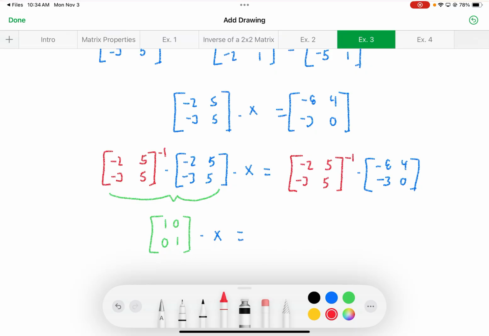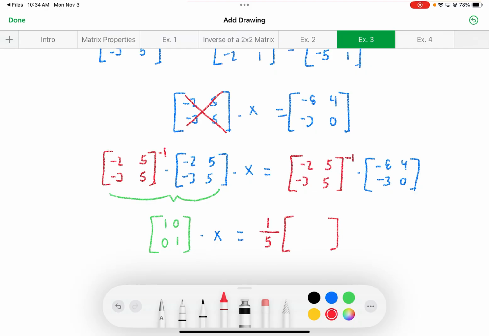All right, and then I'm actually going to find the inverse of that matrix now. So I need 1 over the determinant of the original matrix that was in front of X there. So if I take that product, -10, minus that product, -15, -10 minus -15 would be +5.